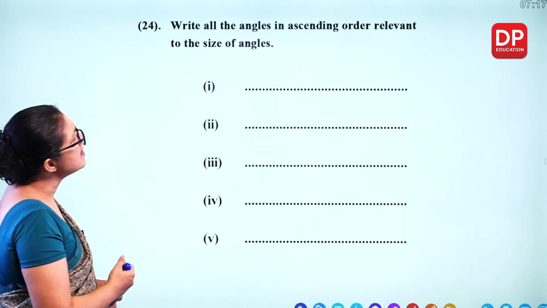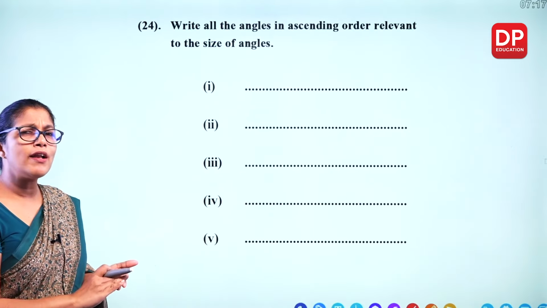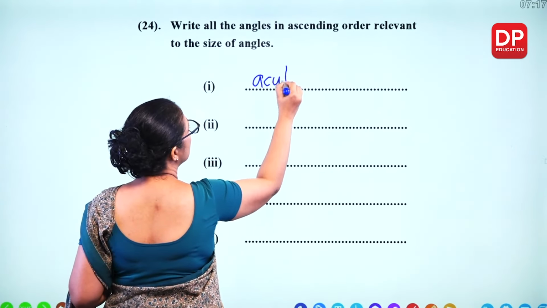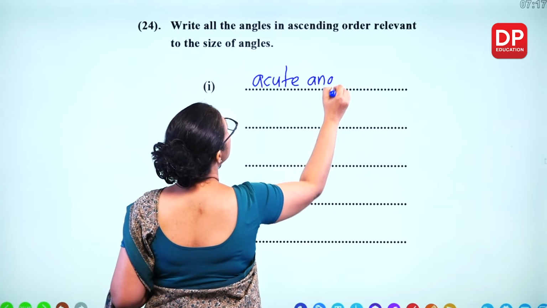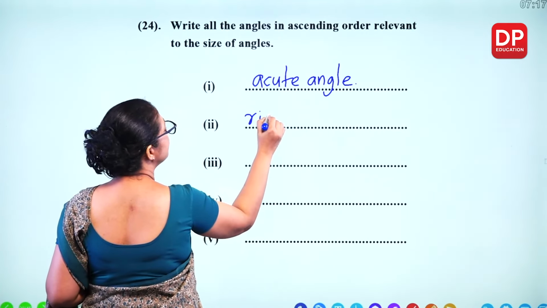Write all the angles in ascending order relevant to the size of the angle. What's the smallest one? Acute. Then you get a quarter of a circle, that's a right angle.